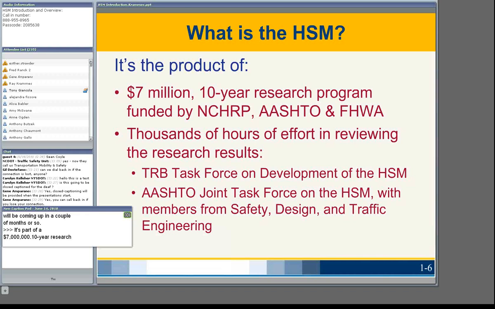First, I'll show some examples of some of the decisions that we make in planning, safety management, and project development that require or at least benefit from quantitative safety performance estimates. Early in roadway safety management, one of the first steps is the first bullet, which is identifying sites with the most potential for crash frequency or severity reduction.